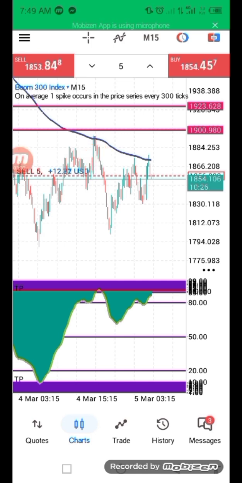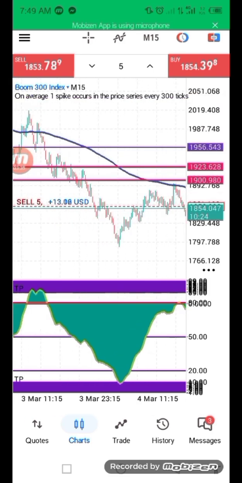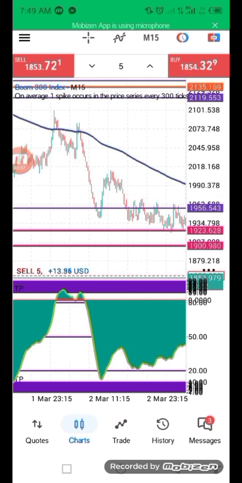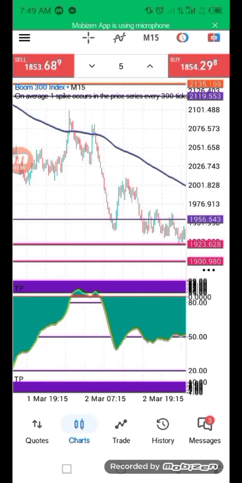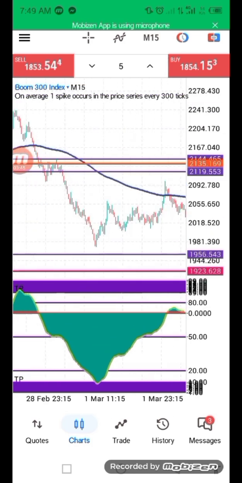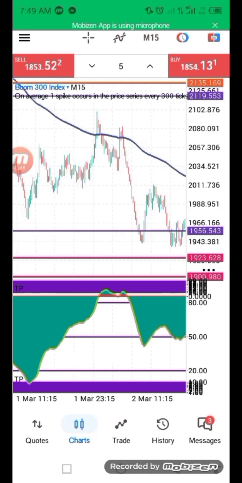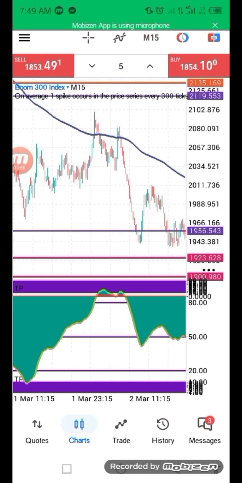So the moving average here is just giving us a trend line kind of function. Here we don't need a trend line, but it's like the moving average here is an inbuilt trend line.